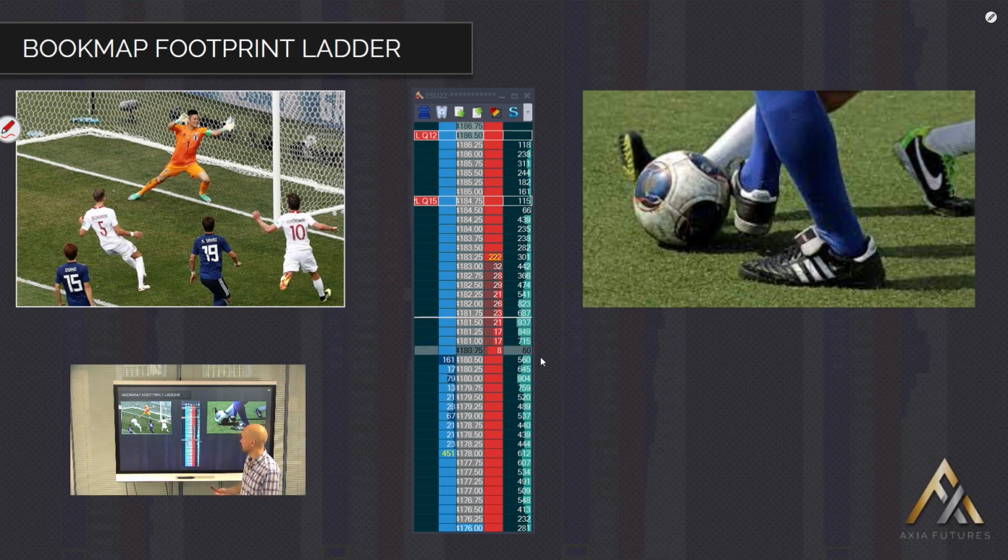The footprint doesn't show them until you get there. And so even then, we just traded 60 and we didn't trade the large order. You don't get to tell whether that large order's there because you only see it once it trades on a footprint. So this allows you to see the two in combination. That is how I'd use those tools to get better at learning how to use a price ladder.